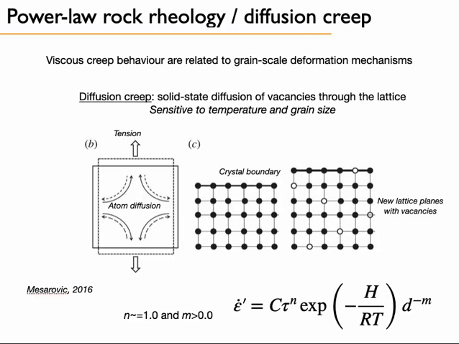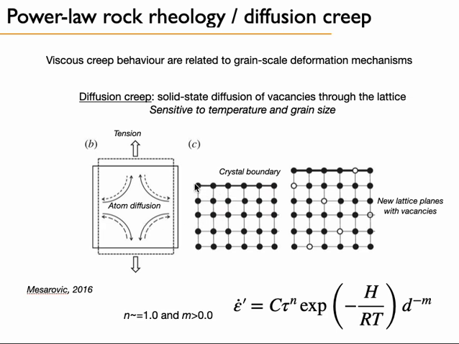Another type of deformation mechanism you may have heard about is diffusion creep. Diffusion creep is linked to the solid state diffusion of vacancies through the lattice. It's sensitive to temperature and grain size. In this sketch you see a grain which is being deformed in tension, so it changes from a square here to a rectangular shape, and the lines indicate directions of atom diffusion.